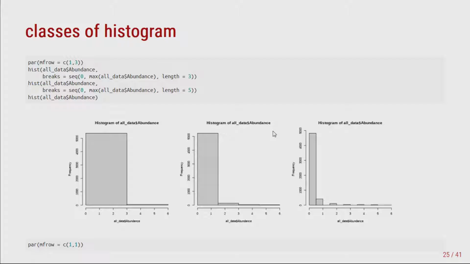And then if I do this, my entire R session would be with 3 columns, and I do not want that. So every time I do this, I will do this mfrow 1, 1 to get back to the default. Okay.